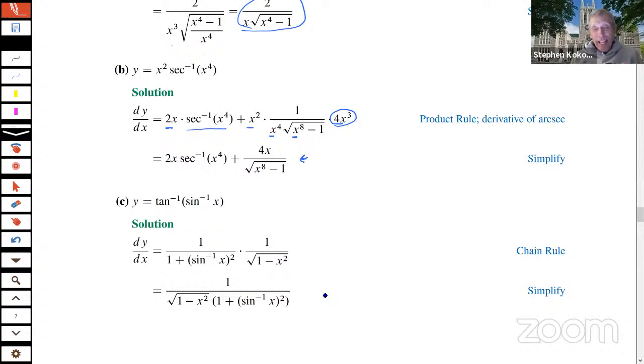So the derivative of that is 1 divided by 1 plus the argument squared, be careful with the notation, times the derivative of the inner function, which is this sine inverse, 1 divided by the square root of 1 minus x squared. And I just did a little bit of simplification here, just to write that as one prettier fraction.